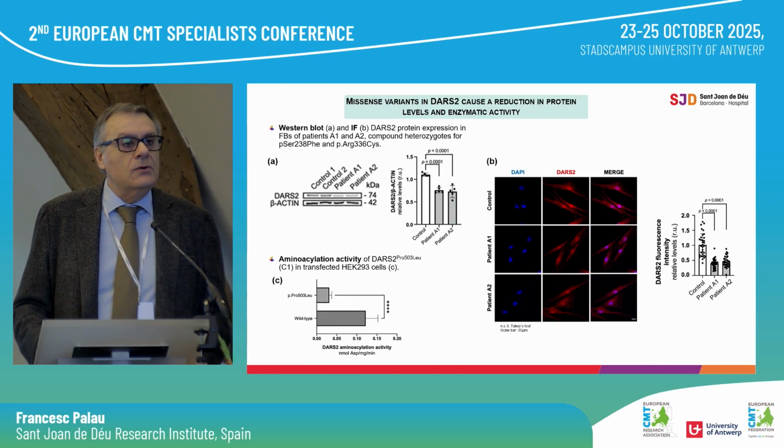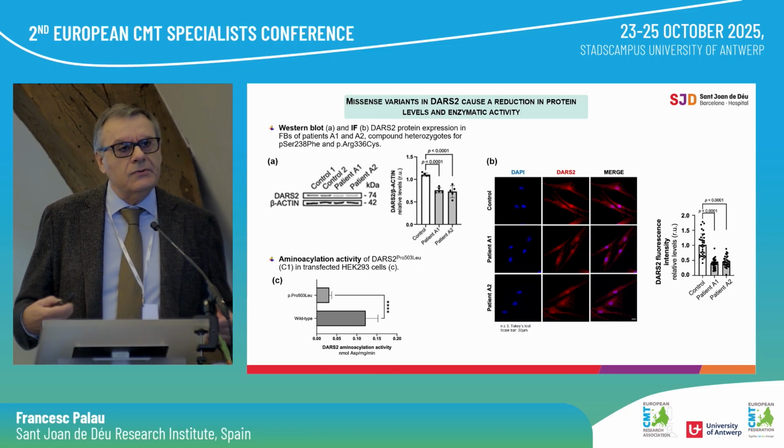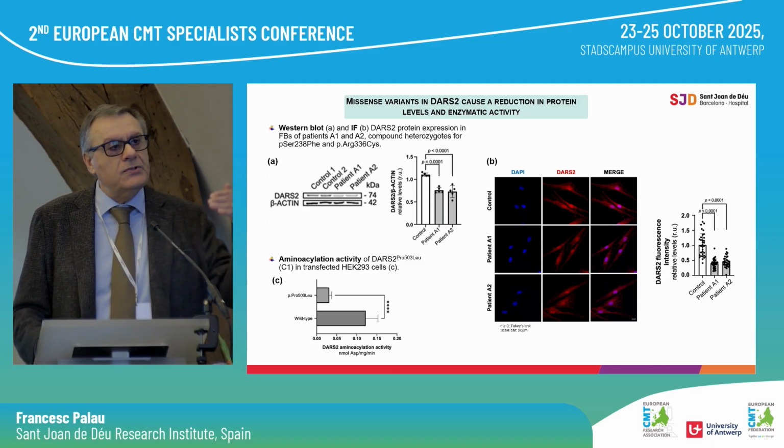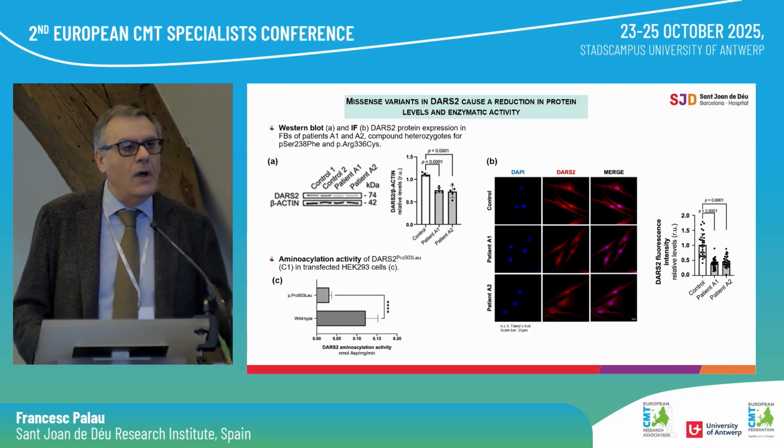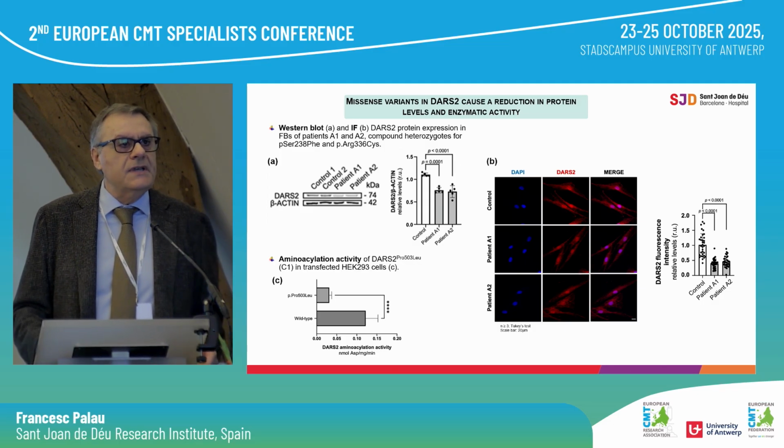So we performed these experiments trying to demonstrate this. With the patients from Barcelona, A1 and A2, we worked with fibroblasts and demonstrated that there were some changes from the functional point of view. There was a reduction in the amount of protein in both A1 and A2 patients from family A, and later we could also observe a reduction in the fluorescence intensity in these fibroblasts.